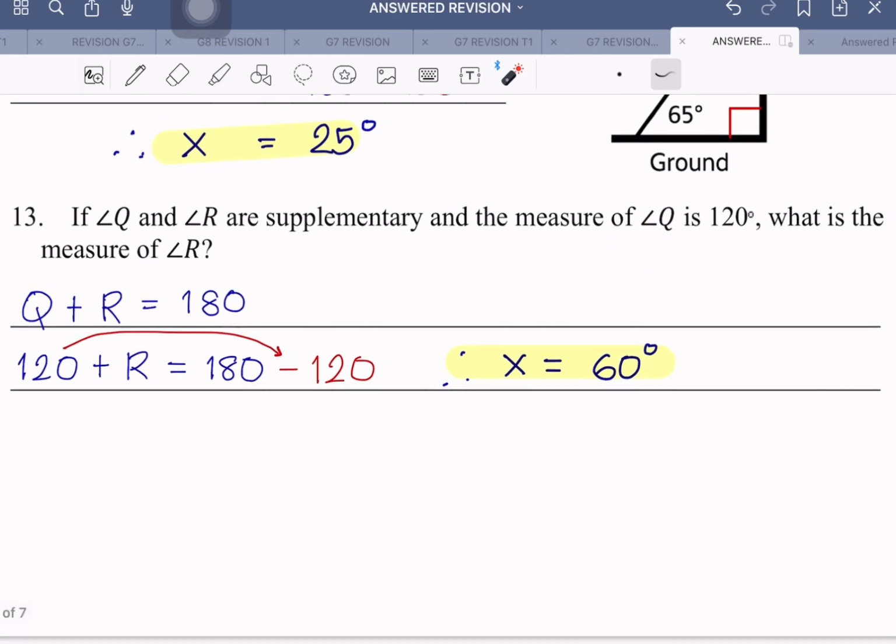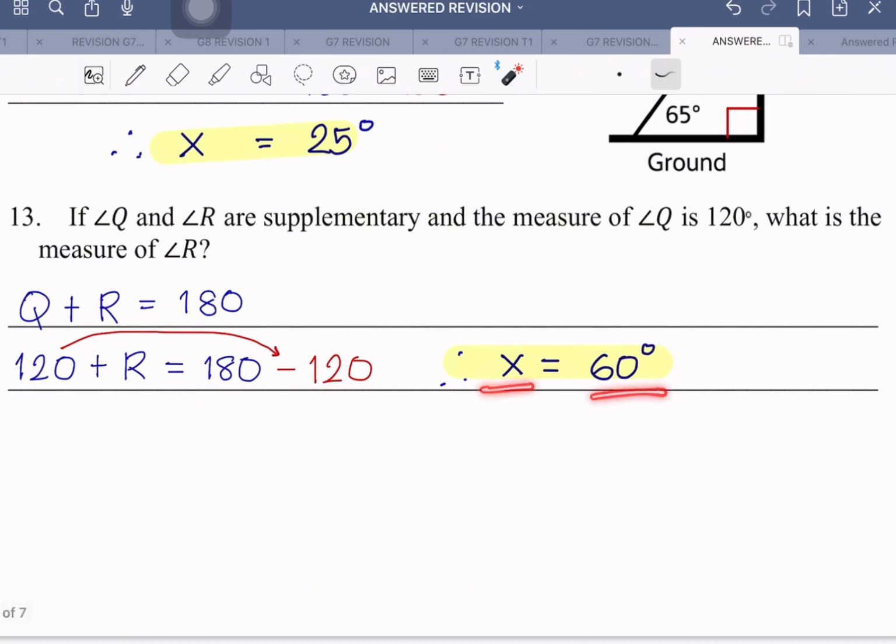So Q is 120 added to R gives us 180. Again, to find R, you have to move this constant so that we are going to subtract it from 180, and that gives us x is equal to 60.